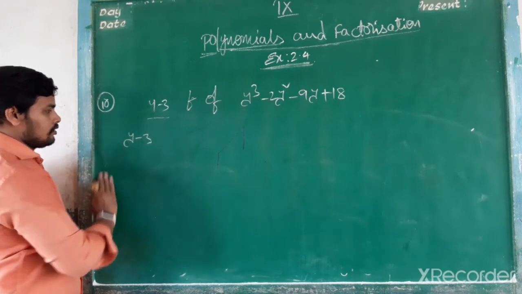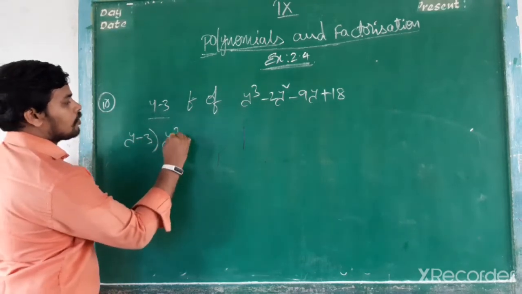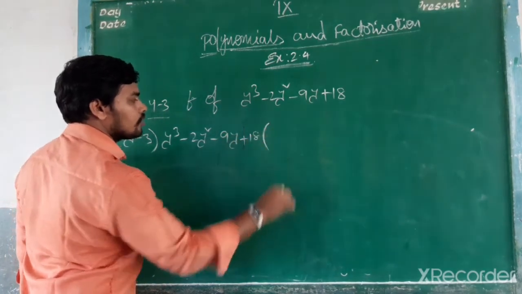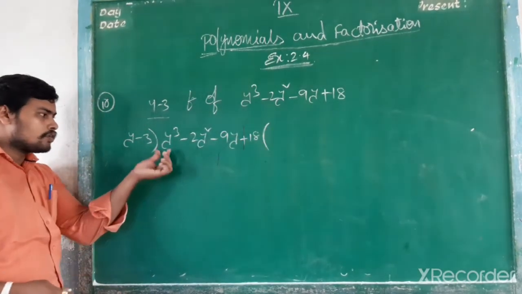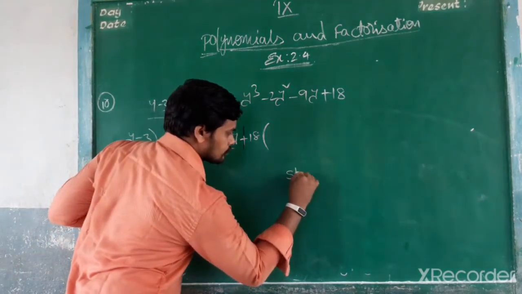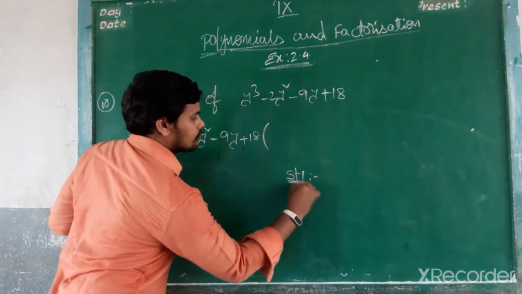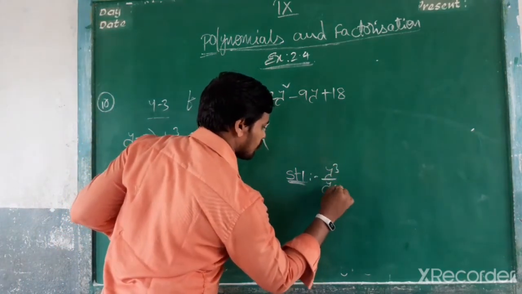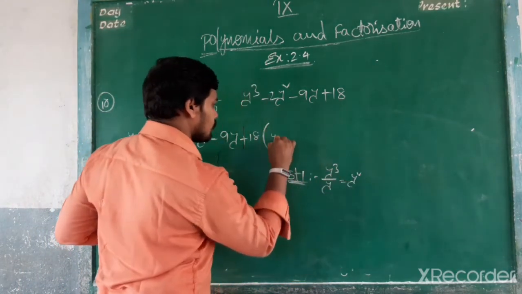y minus 3 into y cube minus 2y square minus 9y plus 18. Okay, what is the first step? Step 1. y cube by y is equal to y square.